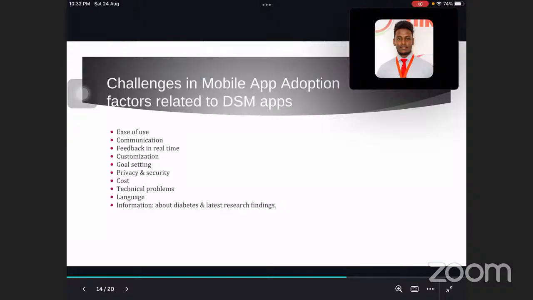And finally, information about diabetes and the latest research findings. Applications that provide information about diabetes and education to the patient will be more likely to be adopted than other applications.